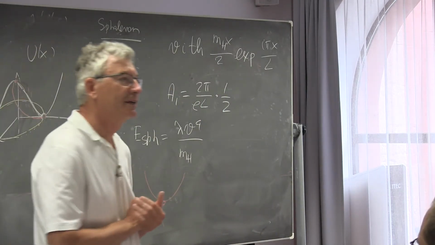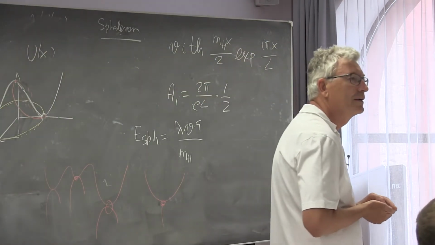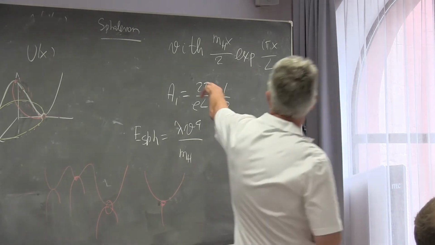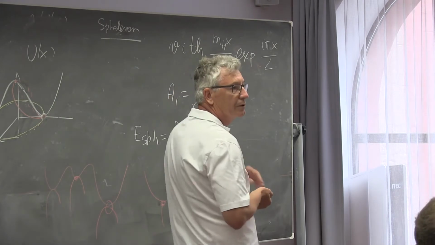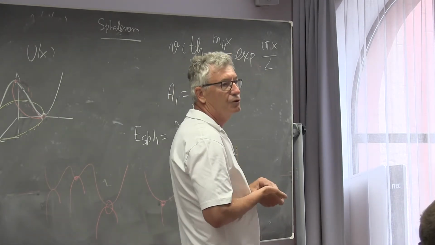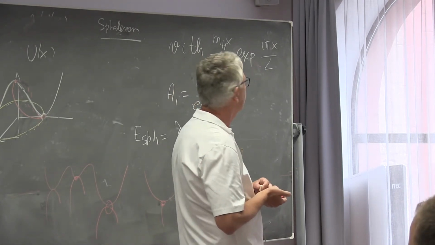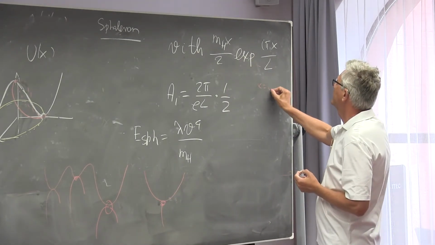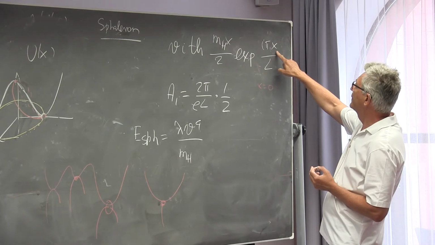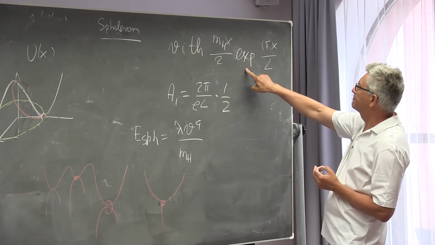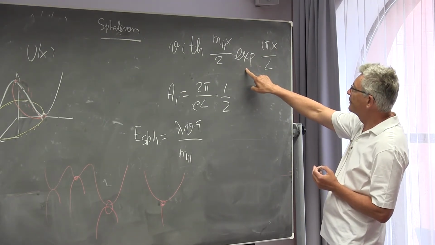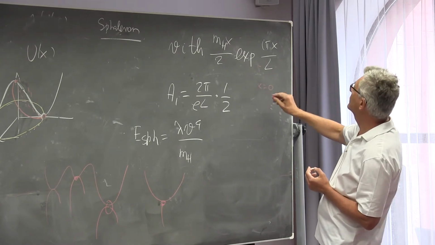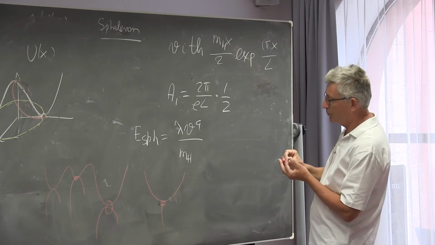Yes? So in the uppermost line, what do you mean by this i after the v? This is just the imaginary i. Okay, so it's just a solution constructed in such a way that... yeah, thank you very much for asking this question.